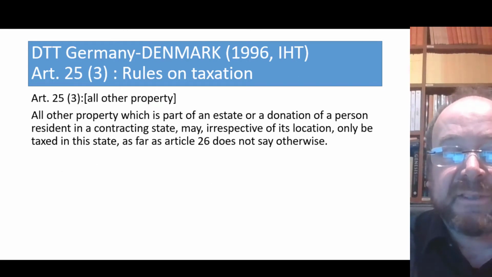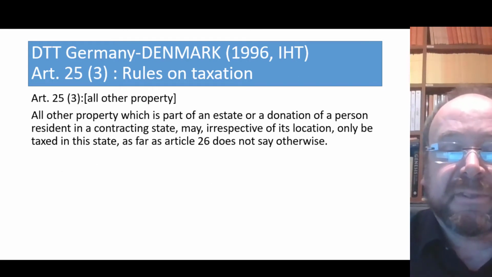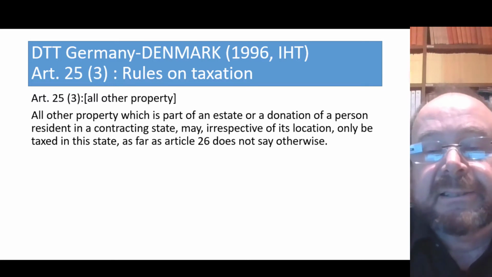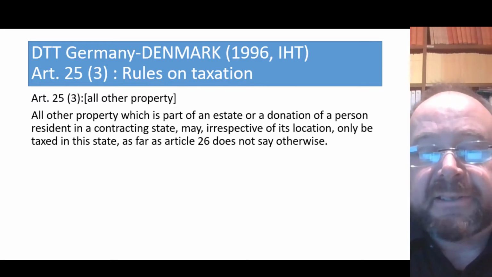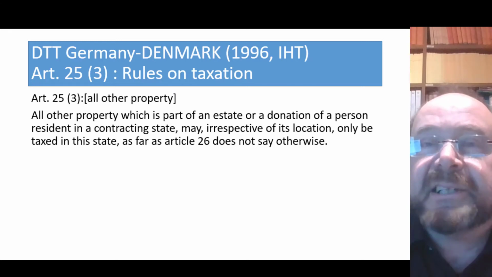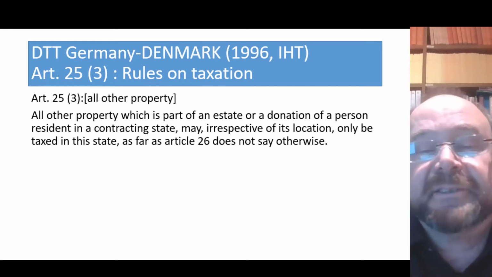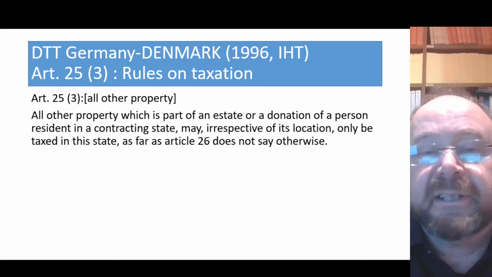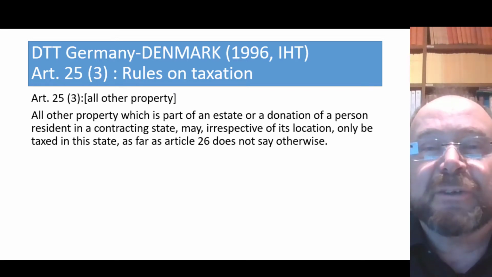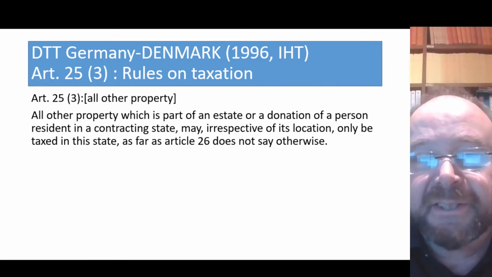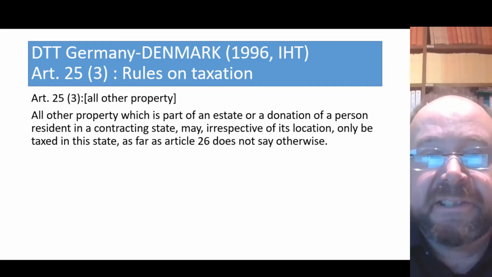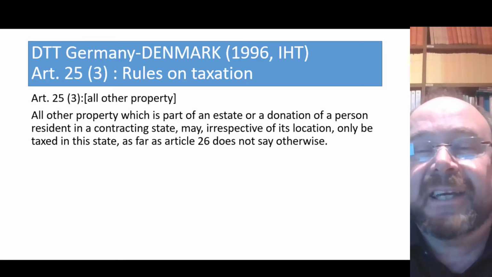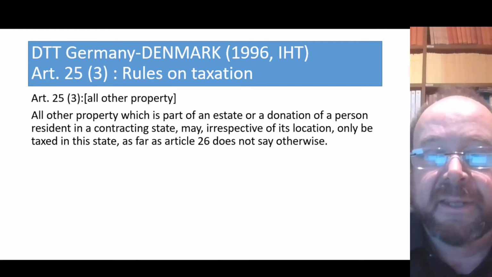And 25.3 says all other property can only be taxed in the state of residence of the taxpayer, but then with the important restriction, as far as Article 26 does not say otherwise, and the surprise will be Article 26 nearly always says otherwise, because Article 26 regulates the taxation rights of a state of residence.